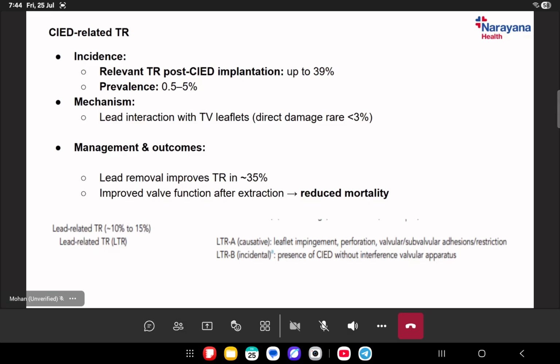Direct damage is very rare, less than 3% only. Management is lead removal, which improves TR in around 35% of the cases. Improved valve function and extraction have shown reduced mortality. So lead related TR has two subsets, LTRA and LTRB. A is the causative one, B is the incidental one.